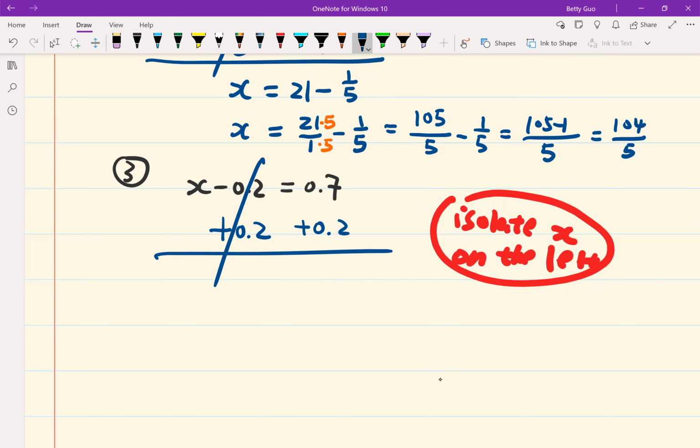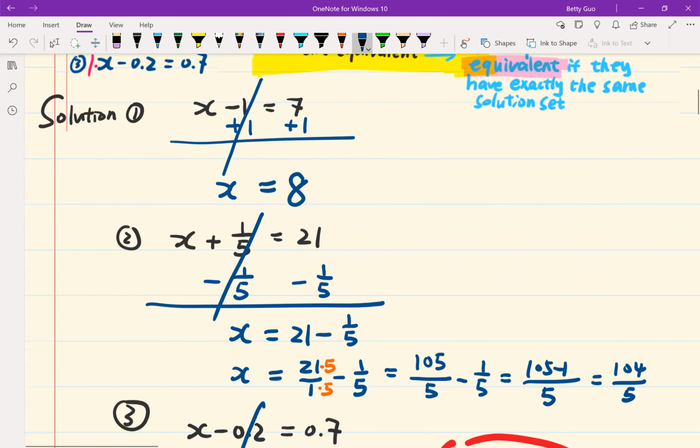Left hand side, negative 0.2 and positive 0.2 cancel each other, so we have the x isolated on the left. What's on the right? I think you don't have to use a calculator for this. What is 0.7 plus 0.2? Adding, yeah, 0.7 plus 0.2. 0.9, very good.